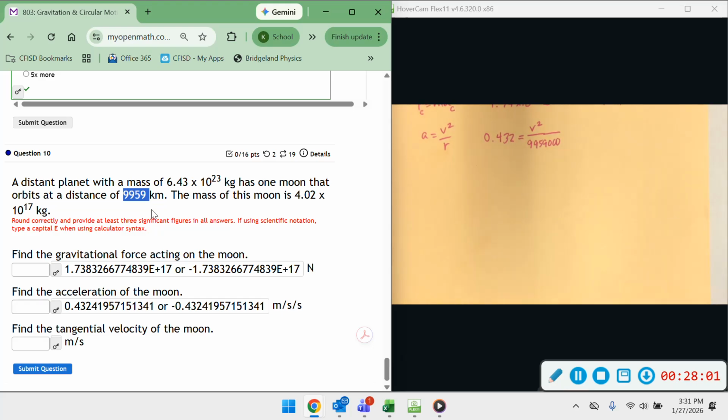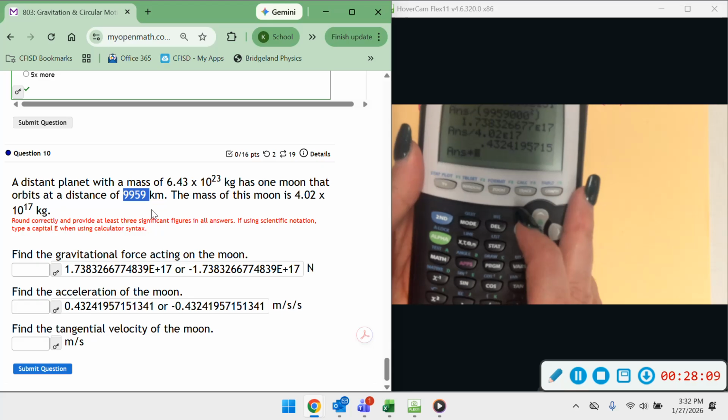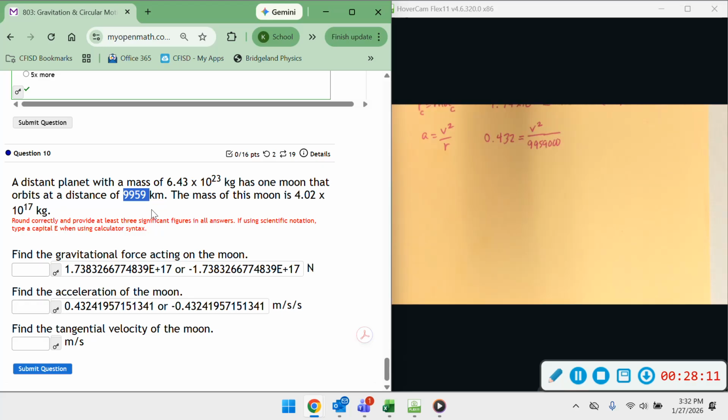From here, you're going to multiply both sides by that value. So we're going to take our answer in the calculator screen. Again, don't use the 0.432. Use the whole number, the answer from above. And we're going to multiply it by that. I don't think I have it in here because I did that in my head. That's fine. By 9,959,000.